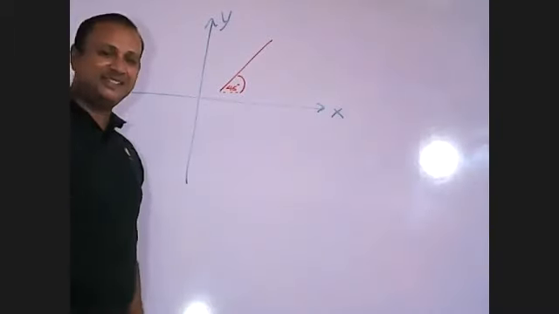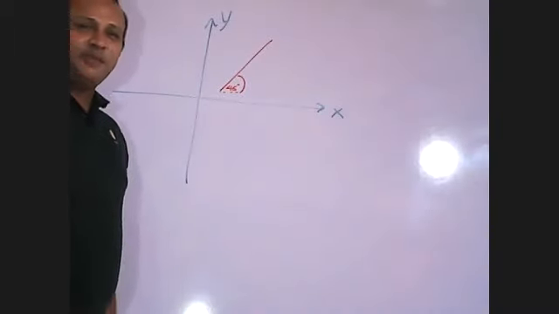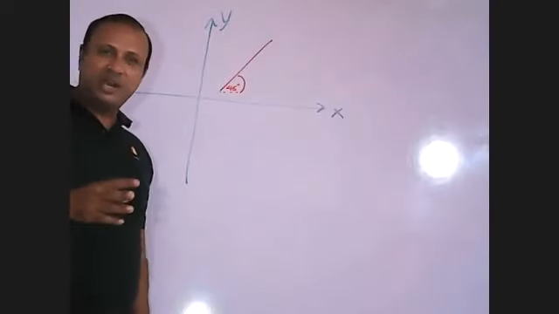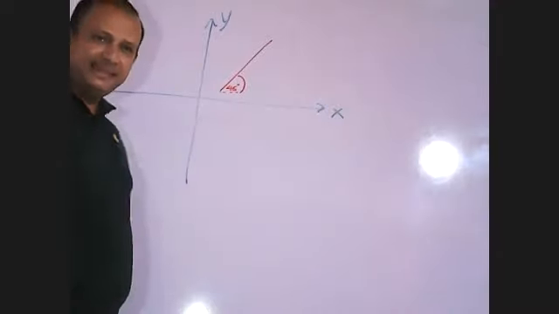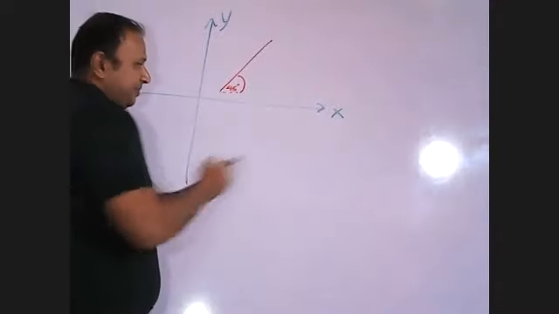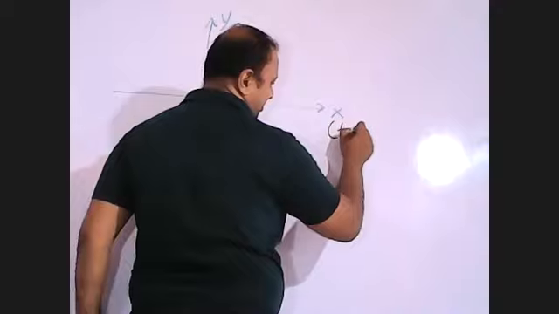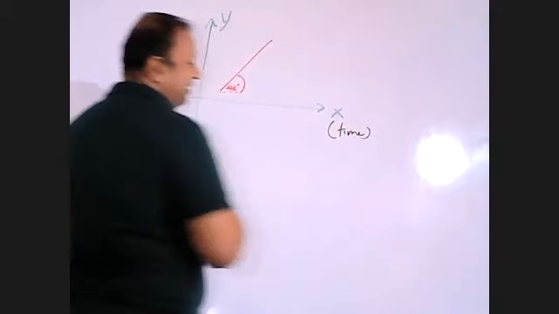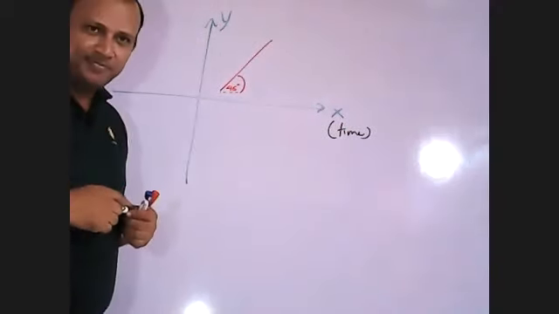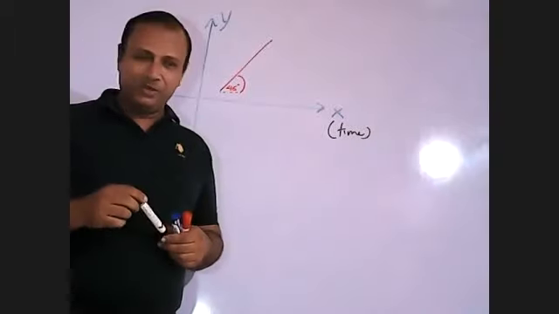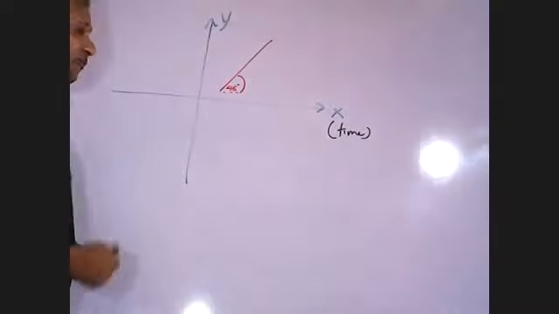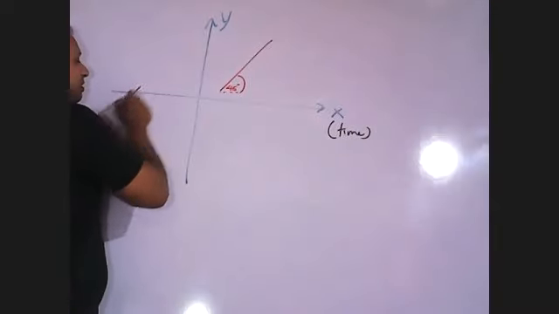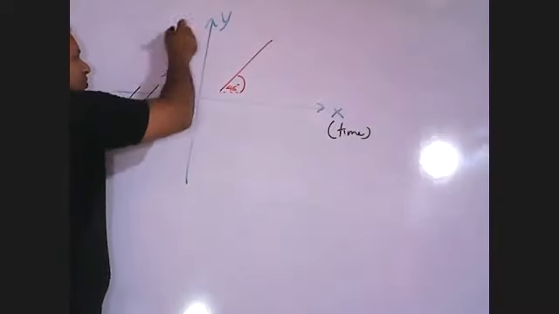Yes, very good. Because in every motion graph, the x-axis is time. Time cannot be negative. Therefore, in a motion graph, we don't want to consider these two quadrants.